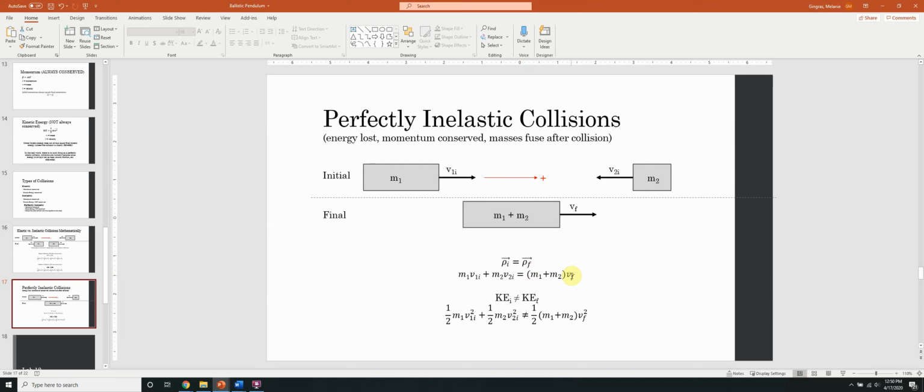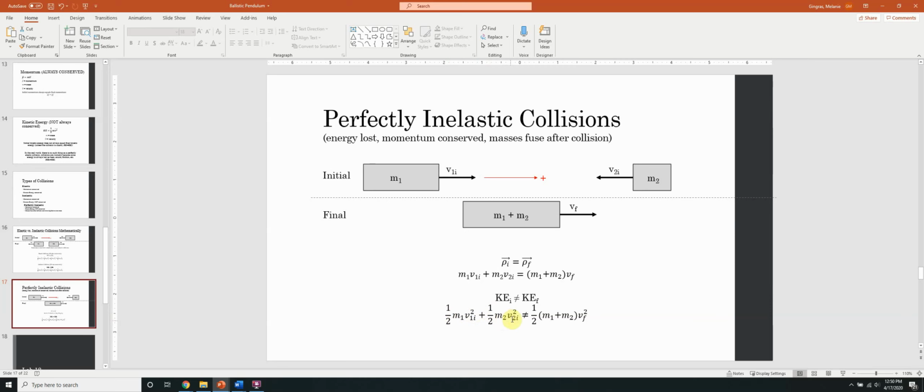Now, because we know this is an inelastic collision, we know that our kinetic energy before is not going to be equal to our kinetic energy after. However, as I mentioned before, if we solve the left side of this equation, we would be finding the kinetic energy before. So if we wanted to find the kinetic energy before the collision takes place, it would be 1/2 m1 v1 initial squared plus 1/2 m2 v2 initial squared.